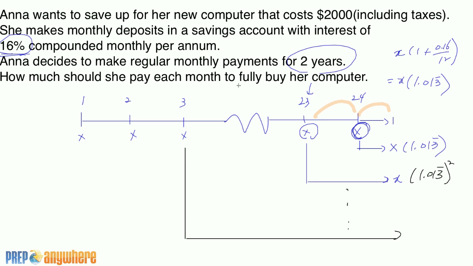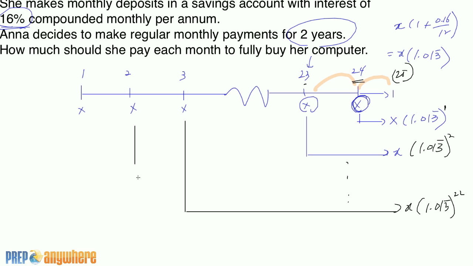Do you see how this is power of 1? Once. You can get that by doing 25 minus 24. This is 25 minus 23, which will give you 2. So 22, that's right. 1.013 repeating to the power of 22.